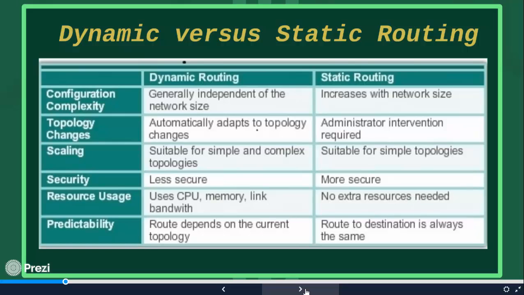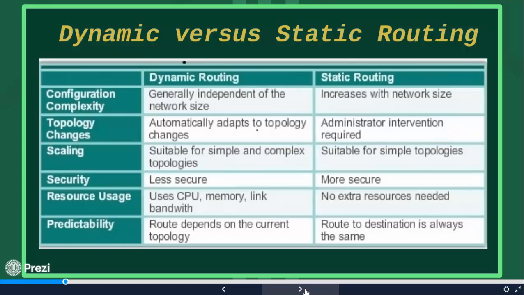So the bigger the network size is, the more complex the configuration is. Basically, the smaller the network size, static routing would be better off than dynamic routing.